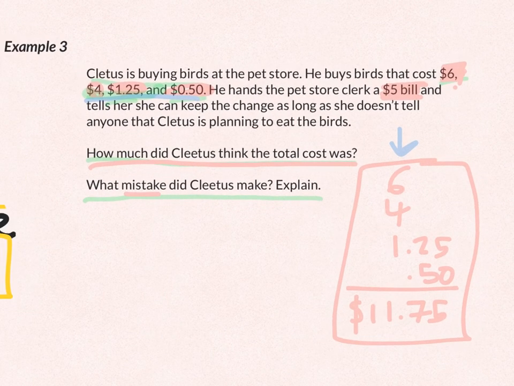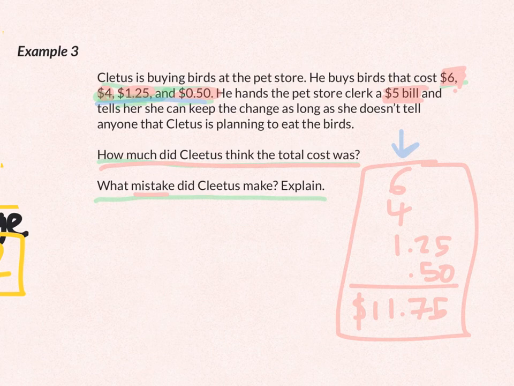How could he have gotten such a low total if he was adding $6, $4, $1.25, and 50¢? Well, one mistake that some beginners make when they're adding decimals is that they don't actually pay attention to the decimal places. So $6 actually looks like this, right? And $4 actually looks like this. So what is a way that he could have ignored the decimal places?